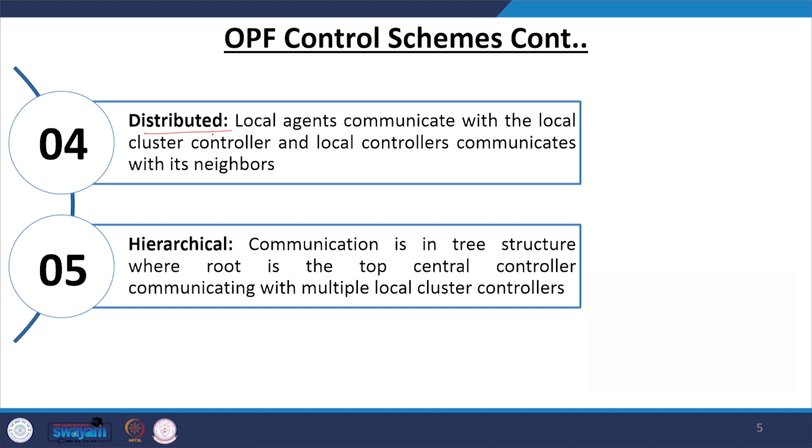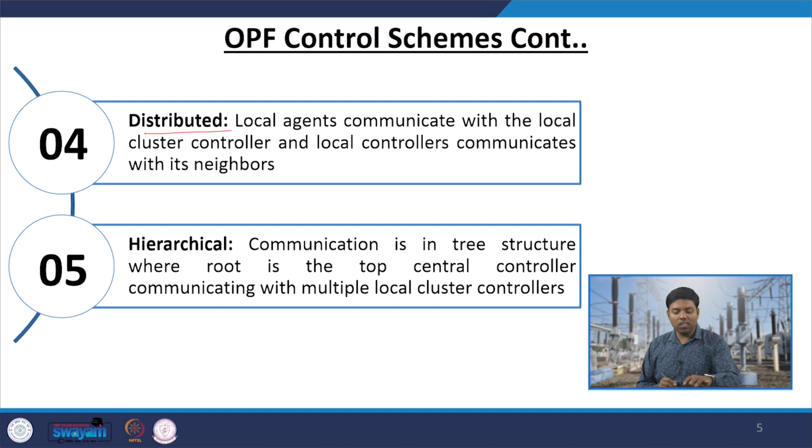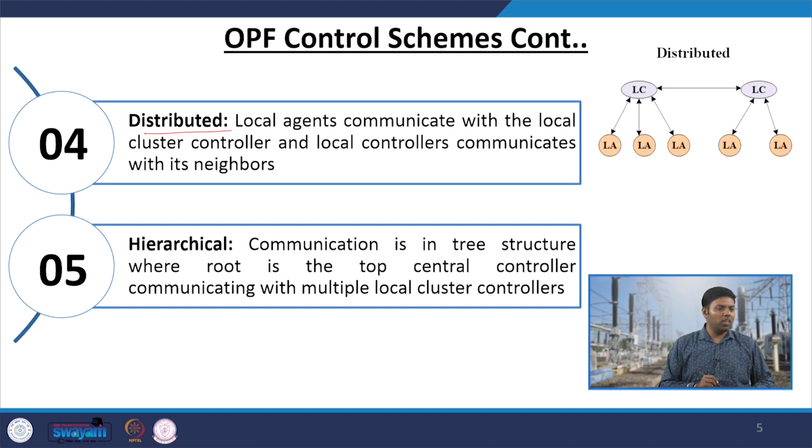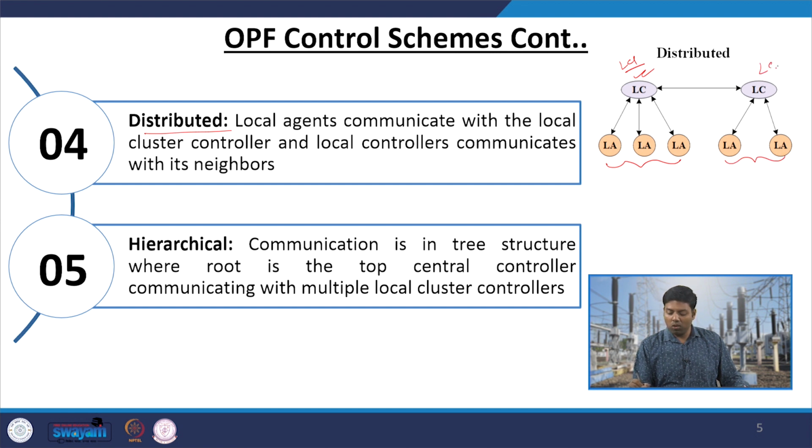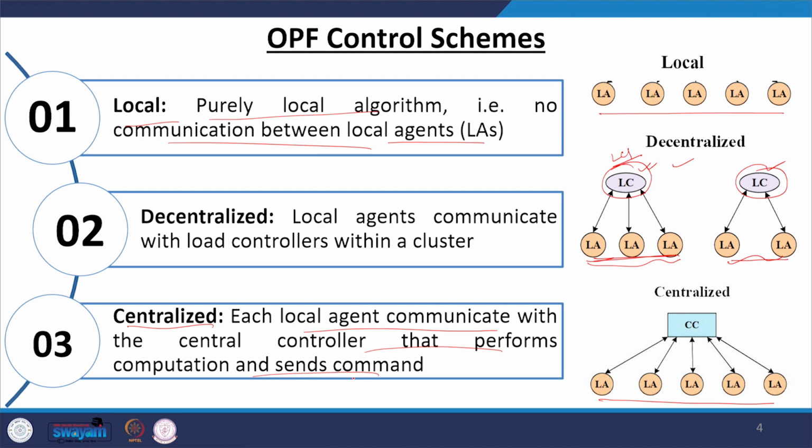The fourth one is the distributed control. It looks like a decentralized control, where you have made clusters: these 3 report to local controller 1 and these 2 report to local controller 2. But previously, in the decentralized control, they are independent of each other.